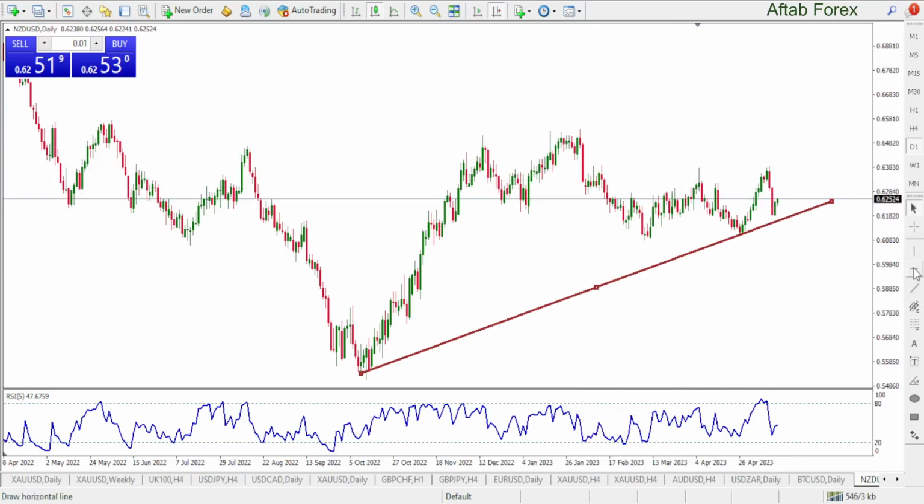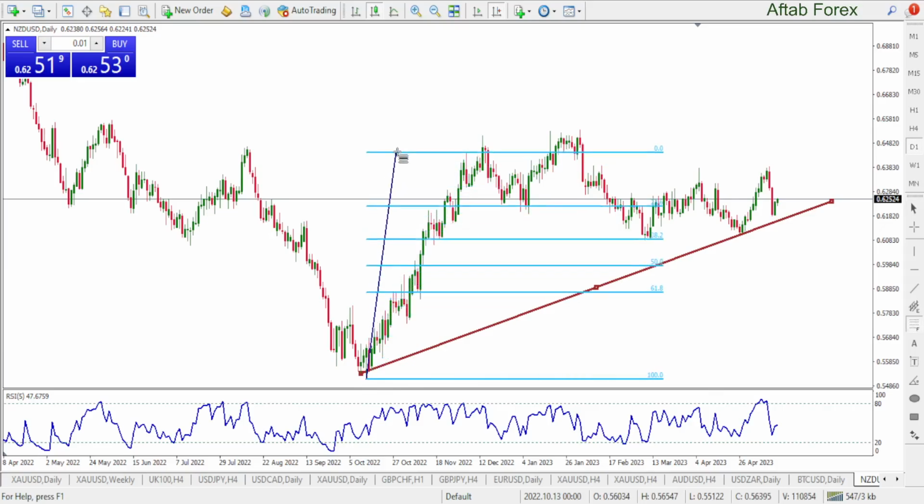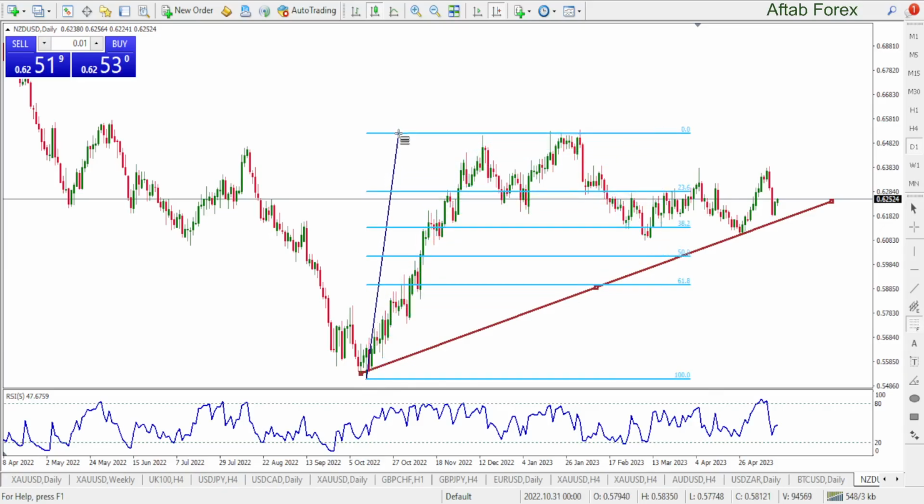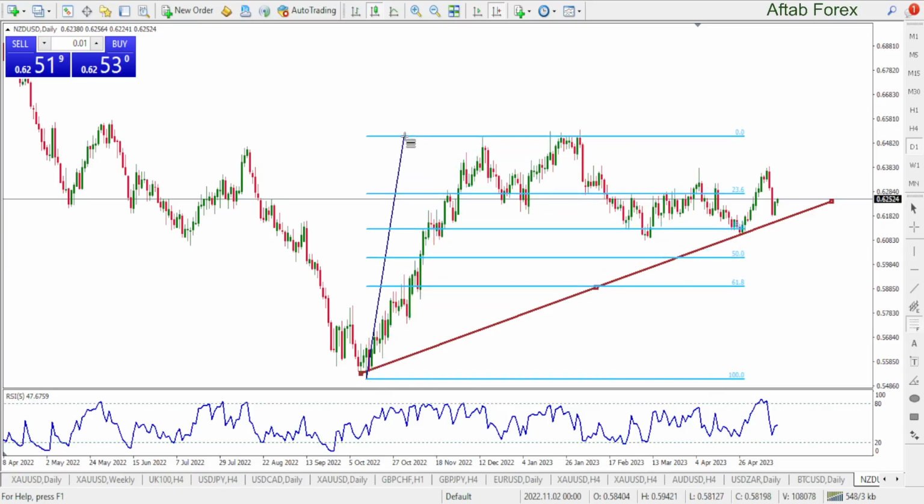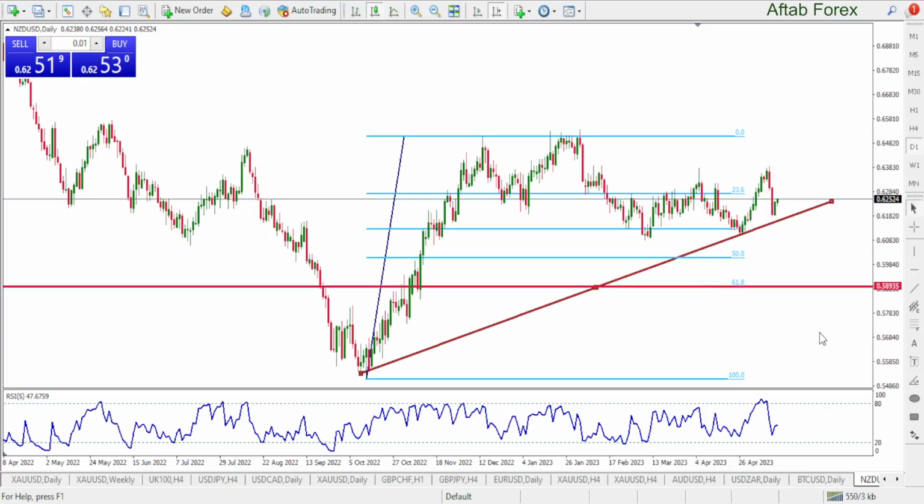So first of all, I will definitely plot my Fibonacci, or I should say deploy my Fibonacci tool, and we'll find the 61.8% retracement. Right here, you can clearly see that 0.58935 is going to become a reversal area.